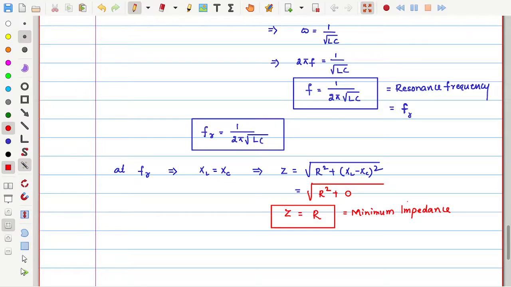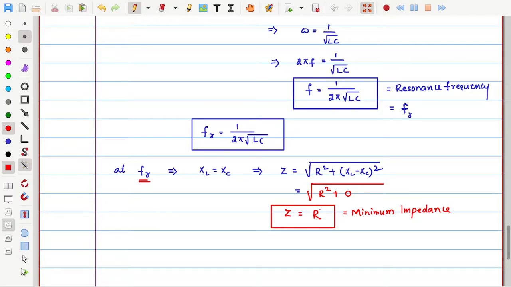If the frequency is other than the resonance frequency, then definitely the imaginary, that is reactive, terms will be there. Once we add something other than 0 to this, any positive number, that value will definitely be higher. But in this condition, this term completely vanishes to 0, so that is the minimum impedance.